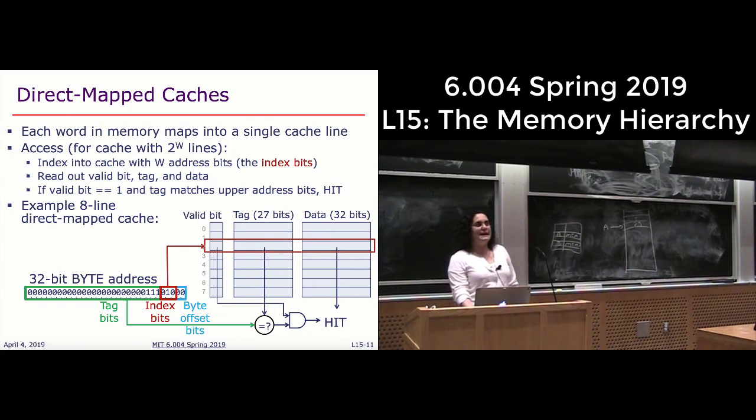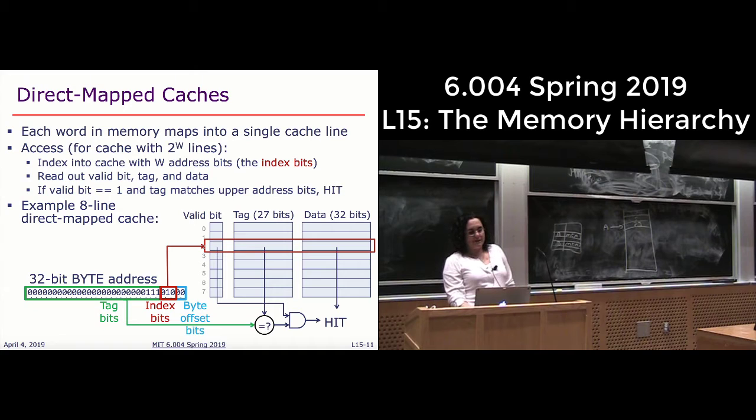Then we take the next 3 bits, and these are our index bits. These 3 bits are used in order to select which one of the cache lines I'm supposed to access. And then all of the remaining bits are what I need to compare to this tag field to see whether or not I have the correct piece of data that I'm looking for. In this particular example, I've already used up 5 of my 32 bits, so I have 27 bits left, which I'm going to compare to the 27-bit tag in my cache.